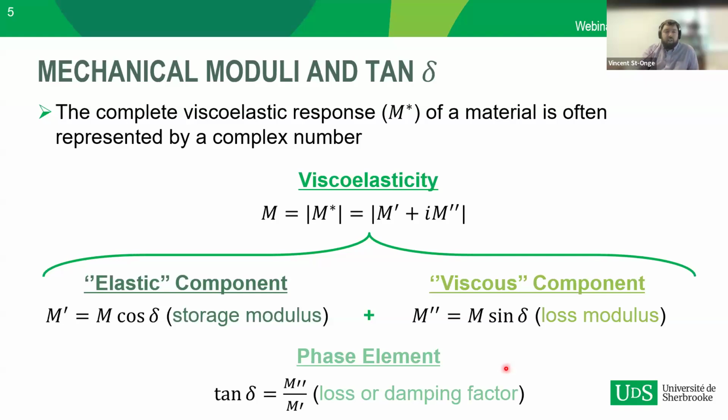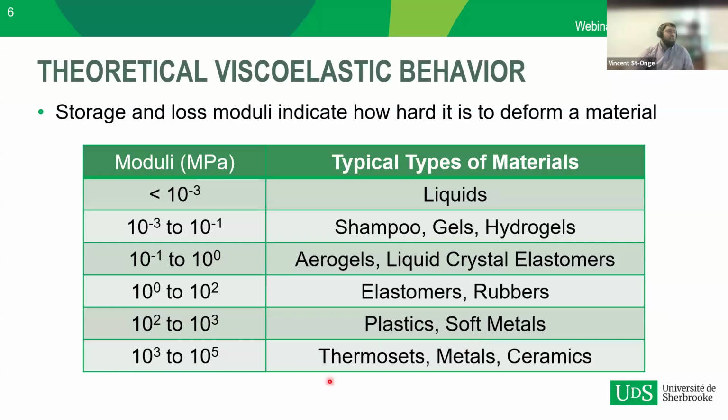You can then get these values as a function of temperature or frequency to know the entire behavior of your materials. And just to give a general idea of the typical range of the storage and loss moduli, and what kind of materials we are talking about: in the very low range of moduli values, you're typically working with liquids.